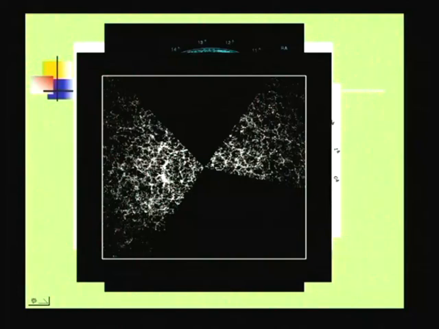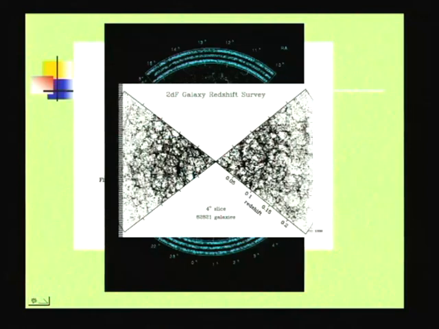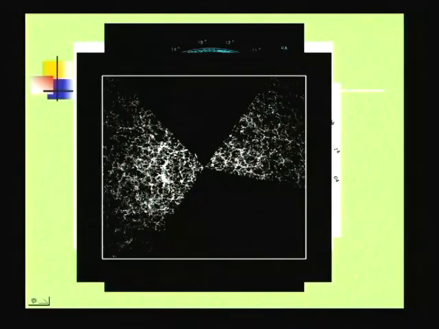The earlier ones were 2-dimensional in the sense that they went out in depth and in one angular direction, not in two angular directions. The Sloan Digital Sky Survey has mapped out the positions of about 1 million galaxies in 3 dimensions, and there is evidence that the galaxy distribution becomes homogeneous on length scales of the order of 80 to 100 megaparsec.